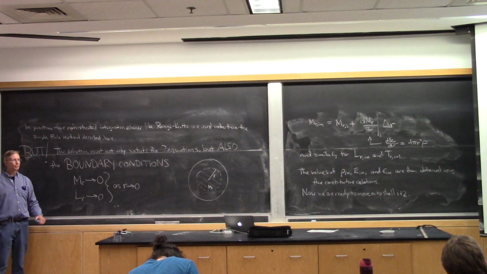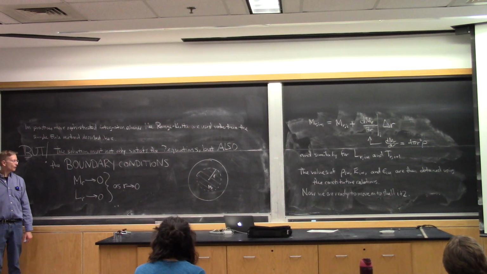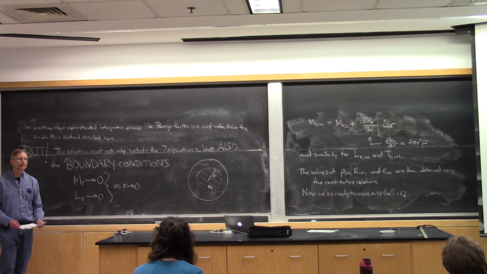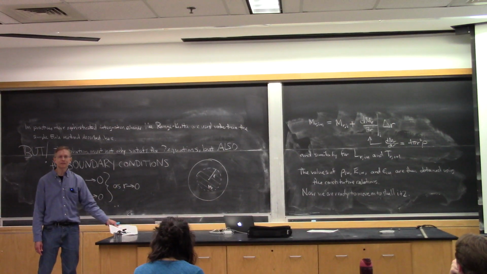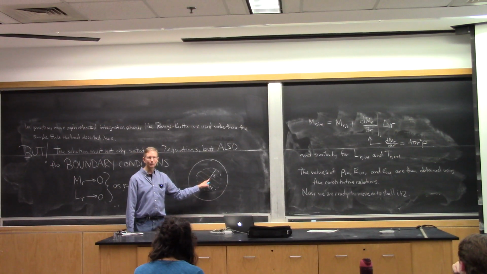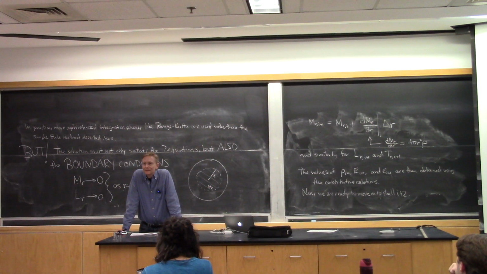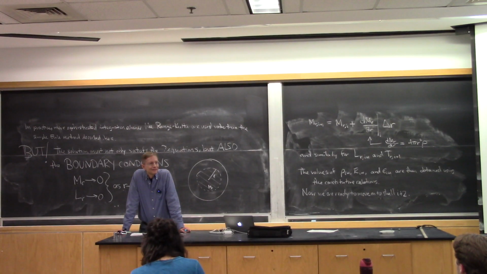Why should L sub r, the luminosity generated within radius r, go to 0 as r goes to 0? Kind of similar reasoning. Why should L sub r, the luminosity generated inside radius r, go to 0 when radius r goes to 0, so that it's only the point at the center of the star? Why should that be? Yes?